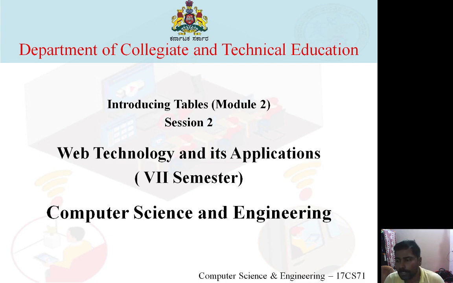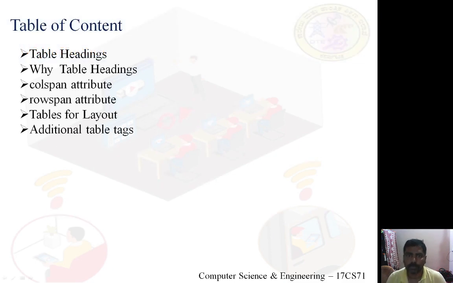So now let me have a look at the agenda of this session. First we'll see what table headings actually are, and how to specify the header in the first row.